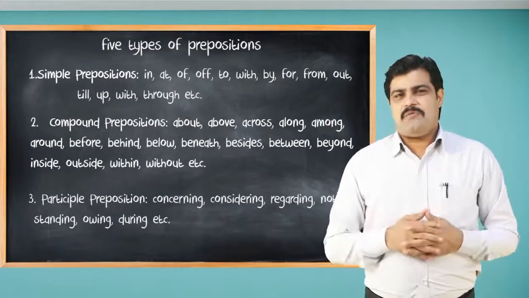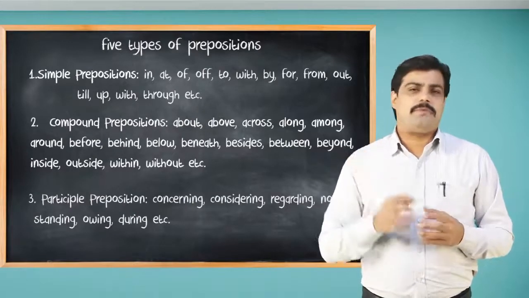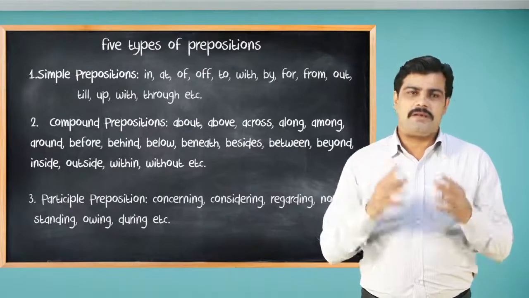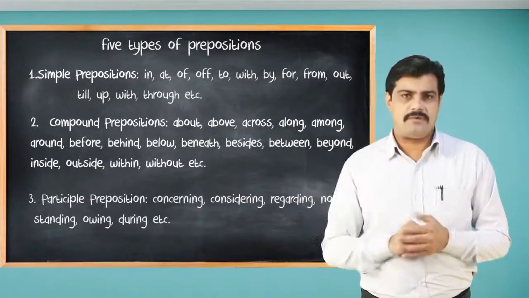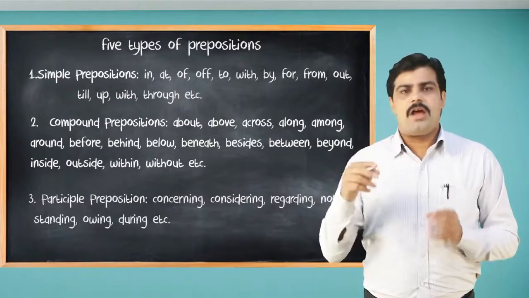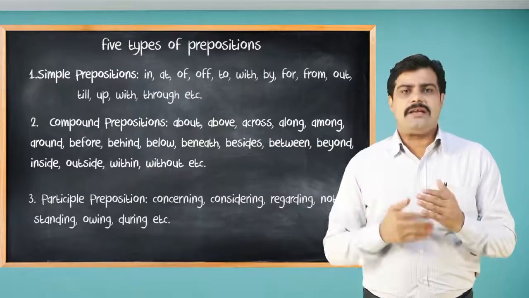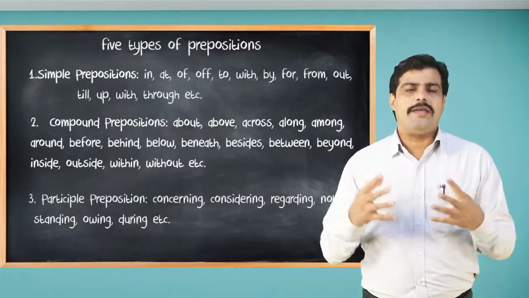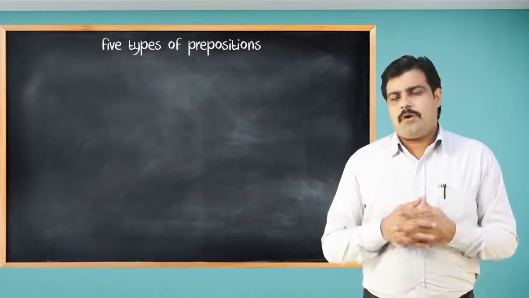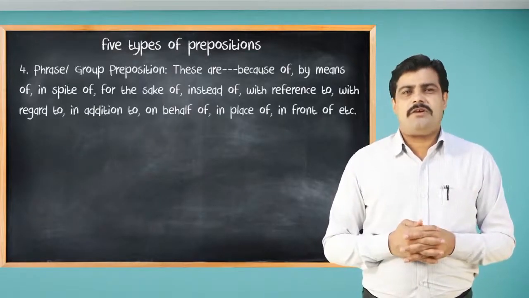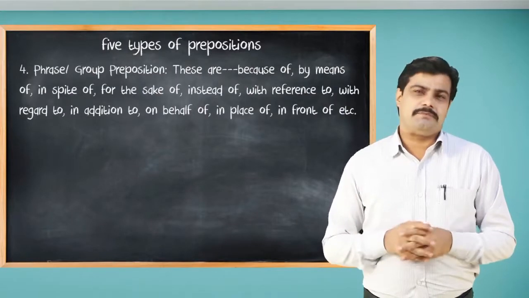The another type of preposition is participle prepositions. These are participle prepositions because these are in the form of a participle, like concerning, regarding, considering, notwithstanding, owing, during, etc. The fourth type of preposition is phrase prepositions.